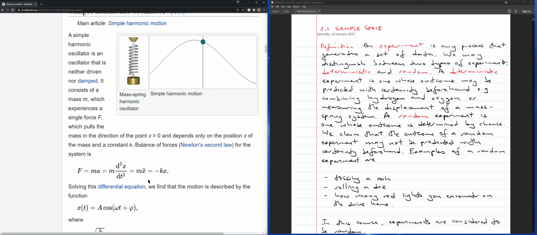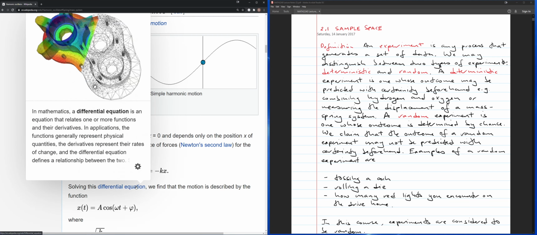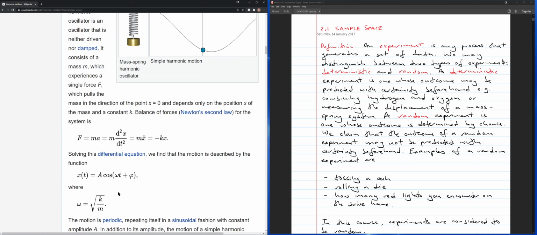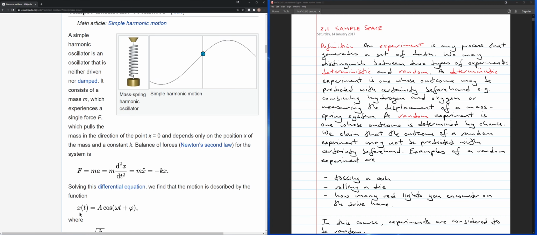This is assuming that there's no damping, in which case you can deterministically figure out what your displacement is going to be at any time t. So there's no probability or chance associated with this. It's a predetermined response, and you can predict with certainty what your displacement is going to be at any time t.